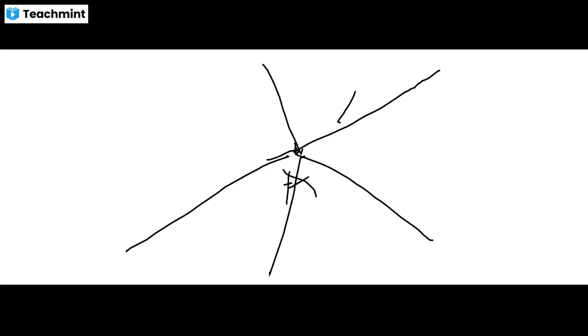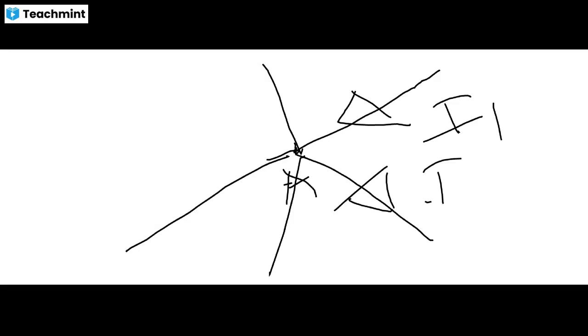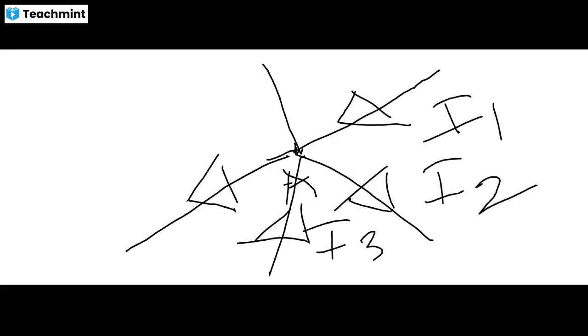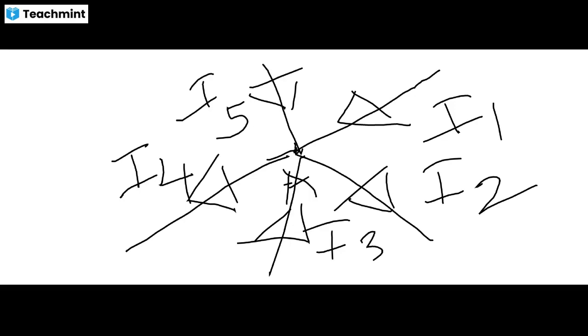The current I1 is going towards the node, the current I2 is going away from the node, the current I3 is again entering, and the current I4 is leaving. These are only arbitrary; you can choose whichever way you want. Another current I5 is also entering. I have chosen 5 currents: I1, I2, I3, I4 and I5.